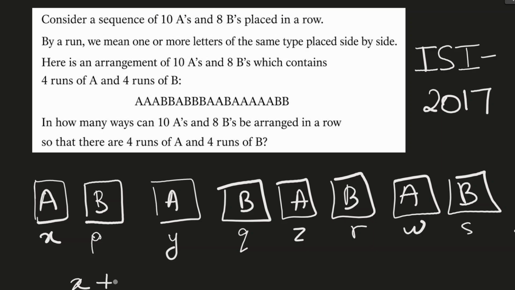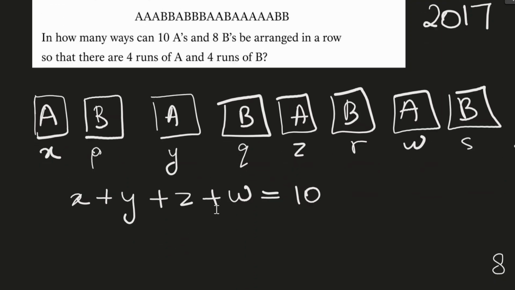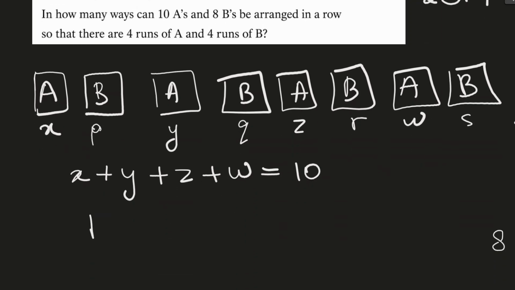If you calculate the sum of X, Y, Z, and W, it has to be 10 because it is given in the question that there are 10 A's, right? Similarly, P plus Q plus R plus S has to be 8 because it's given that there are 8 B's.